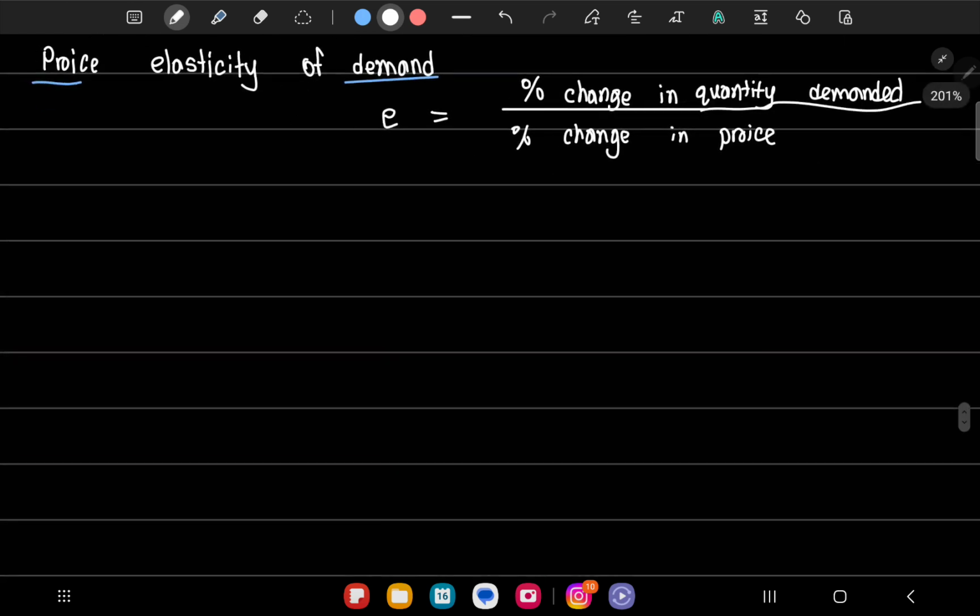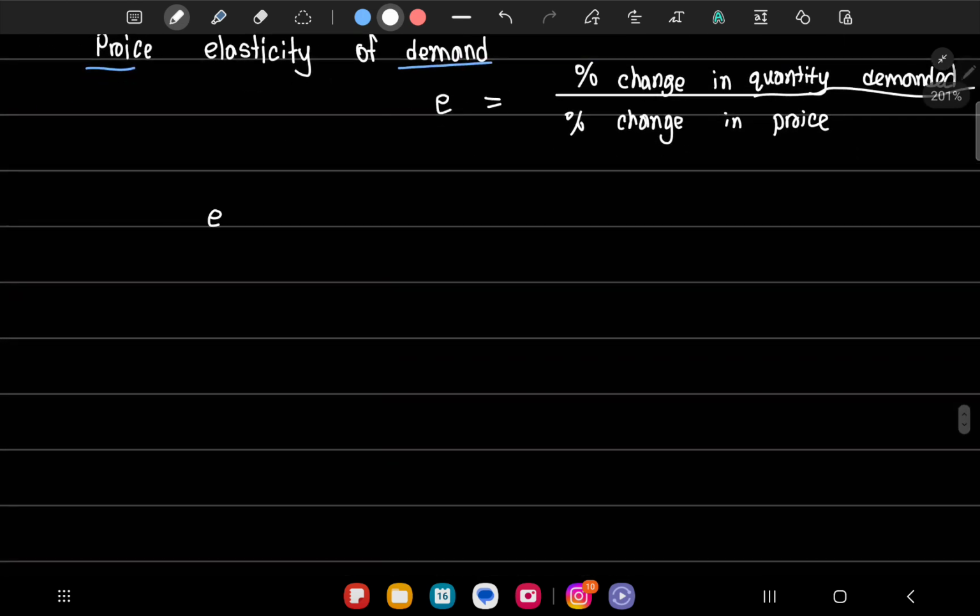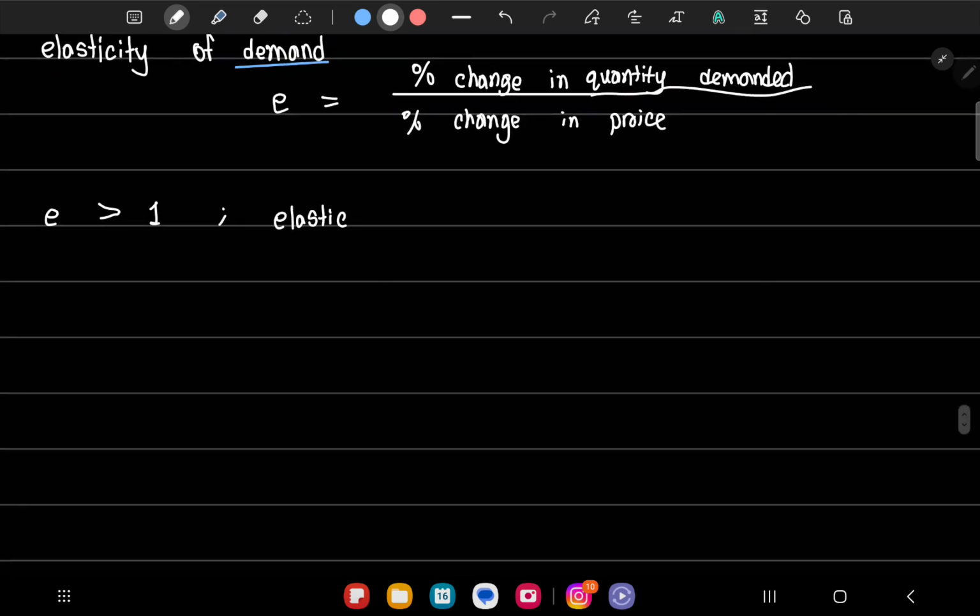So as a baseline, if this value is greater than 1, we call it elastic. So we call the good as having an elastic price elasticity of demand. This usually happens for luxury goods. And it's quite intuitive if you think about it.